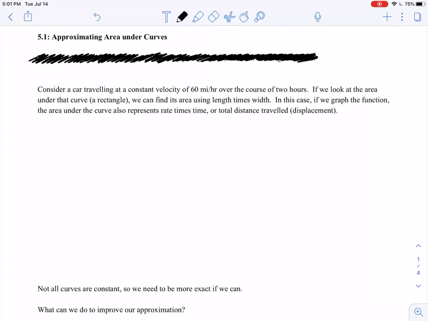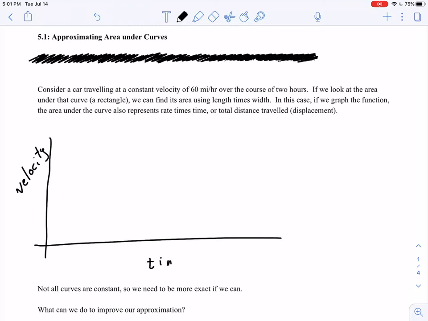So to just get an idea of why this might be important, if we consider a car that's traveling at a constant velocity of 60 miles per hour over the course of 2 hours. If we look at the area under that curve, so actually I'll draw this. Here is my XY coordinate axis. On the Y-axis here I have the velocity, and then here would be time measured in hours.